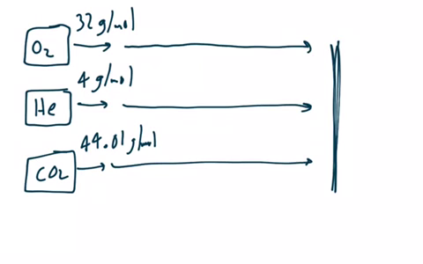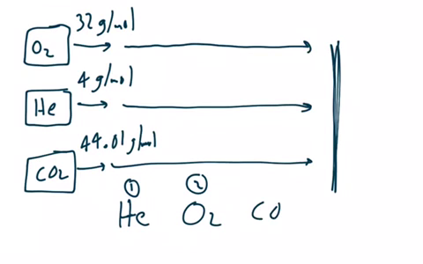So here's what happens. Since helium is the lightest gas, helium is the one that's going to get there first. The second gas that will get there will be oxygen gas. And then the heaviest gas in this example is carbon dioxide, and it will get there third.